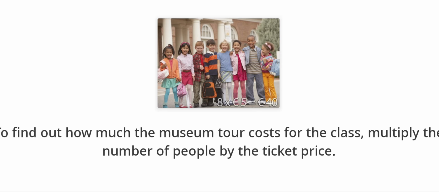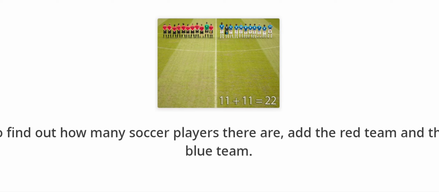To find out how much the museum tour costs for the class, multiply the number of people by the ticket price. To find out how many soccer players there are, add the red team and the blue team.